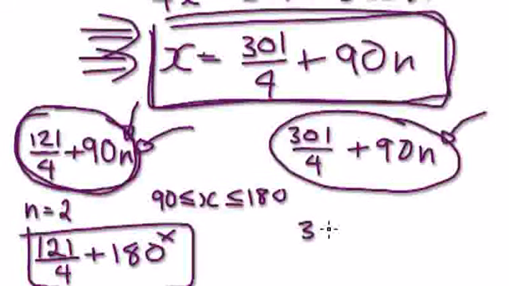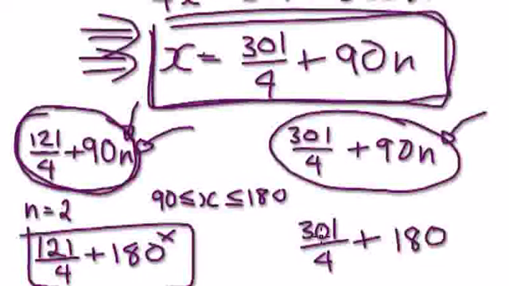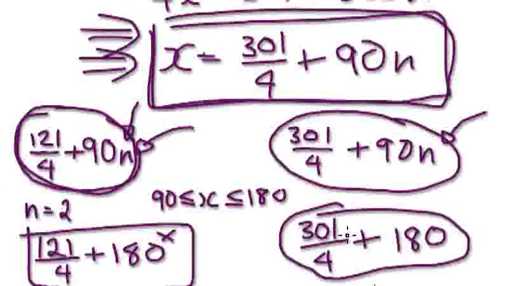So this will be 301 over 4 plus, well, if you put 2 into this 90 here, it will be 180. Again, this is out of range because this is beyond 180, because this is 180, and then you've got to plus an extra bit here, so it's beyond it. So n equals 2 is no good.